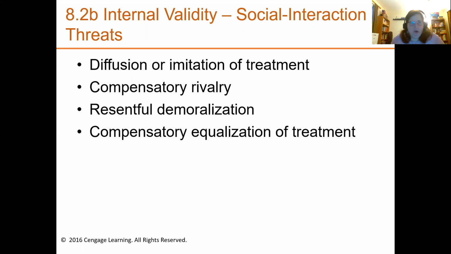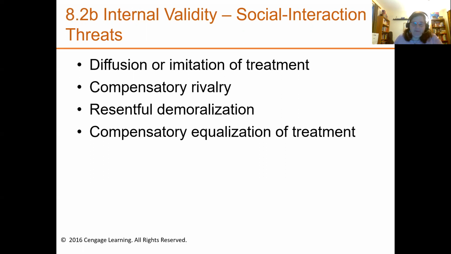Okay, so you're giving one group cognitive behavioral therapy. Maybe the other group is a waitlist control, right? So they're waiting on their treatment. And they learn what the program group is getting and they seek it out themselves, perhaps. Compensatory rivalry.